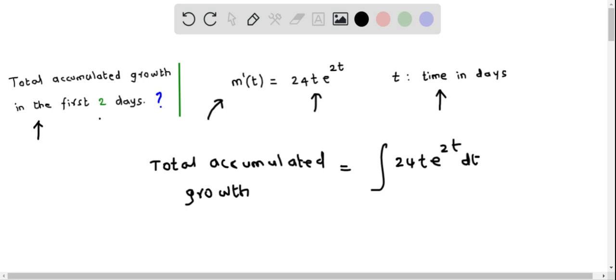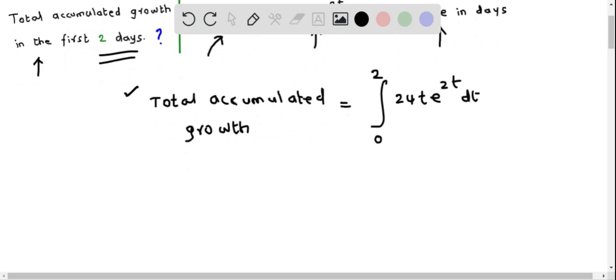Since we want to find the growth within the first 2 days, we put the lower limit as 0 and the upper limit as 2. So we have to determine the value of this definite integral, to determine the total accumulated growth.